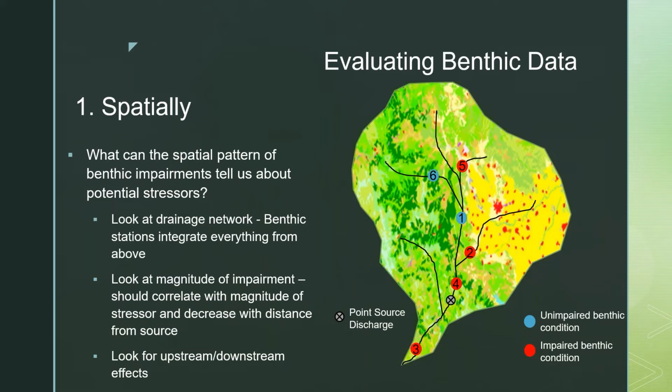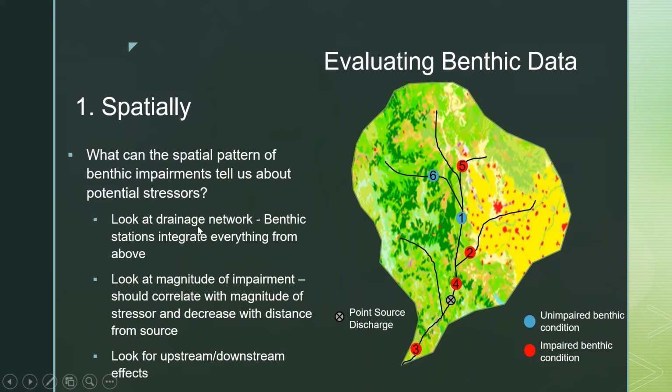If we've identified the stressor as pH, as low pH, then if there's multiple stations, we should see a lower Visky score where we have lower pHs. Okay, and with different stations scattered throughout the watershed, we can also look for upstream, downstream effects, particularly around a point source or something like that.